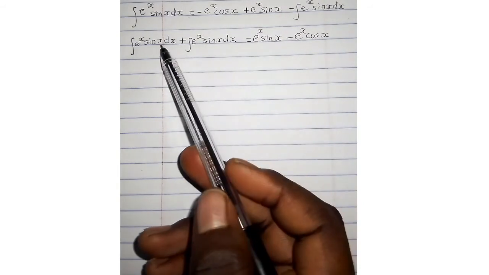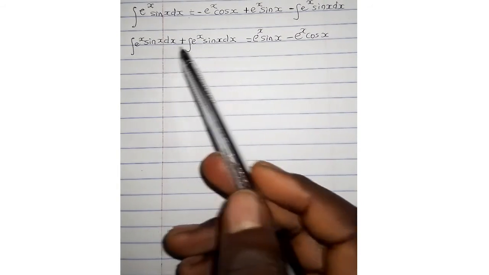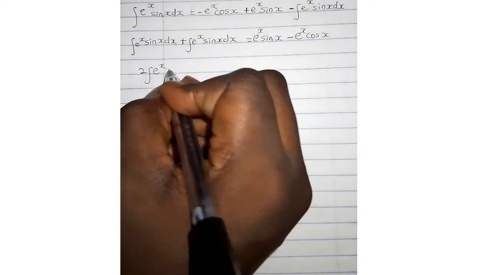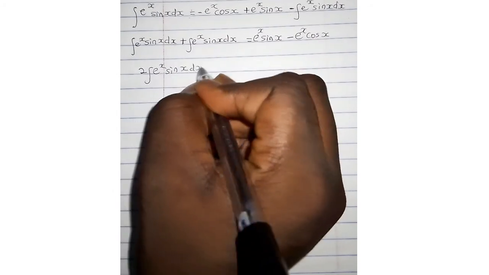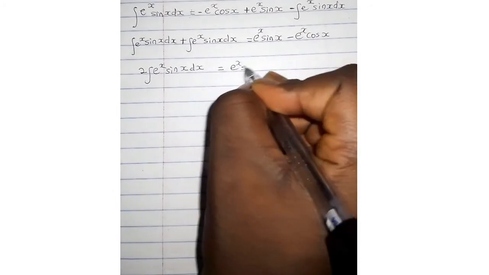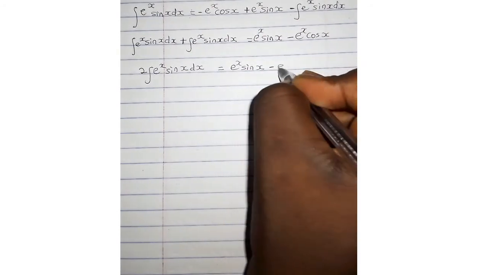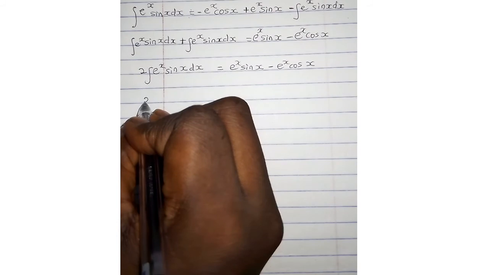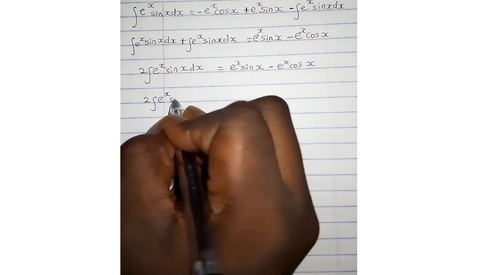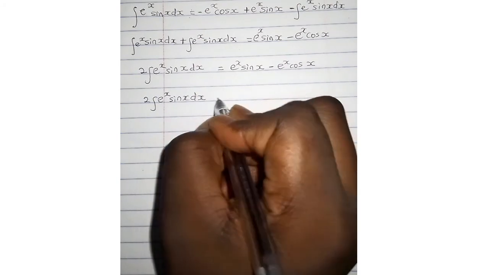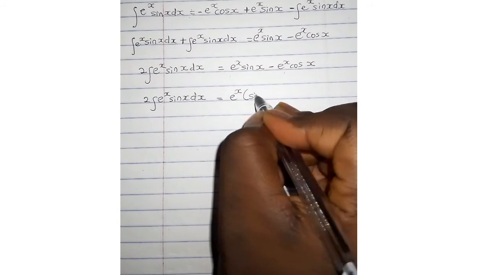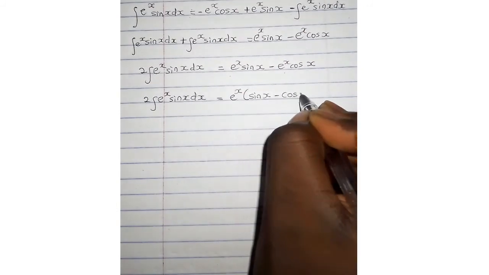Alright, now when you add this and this together, we're going to have 2 times the integral of exponential x sine x dx equal to exponential x sine x subtracting exponential x cos x. Now you can also write this as 2 into the integral of exponential x sine x dx is equal to exponential x, which is common between both of them, all into sine x minus cos x.